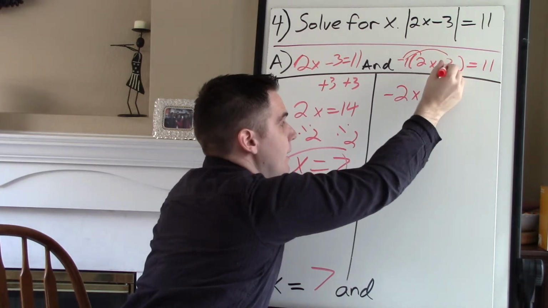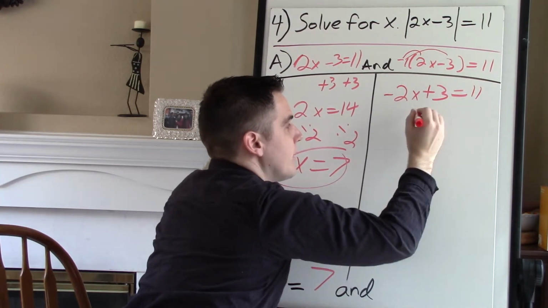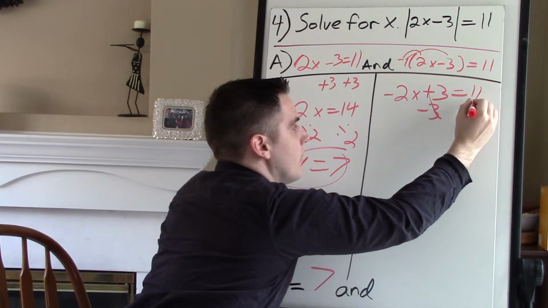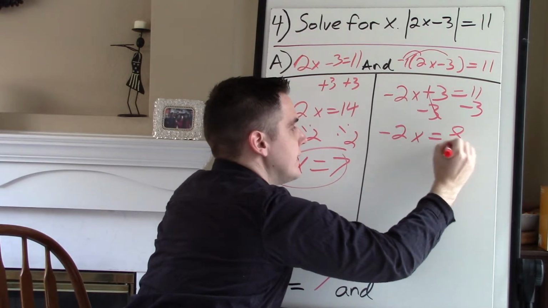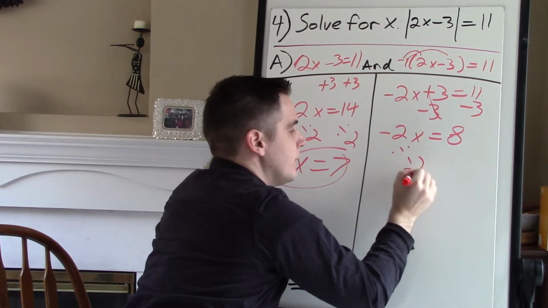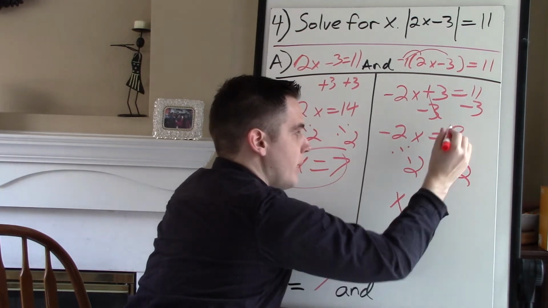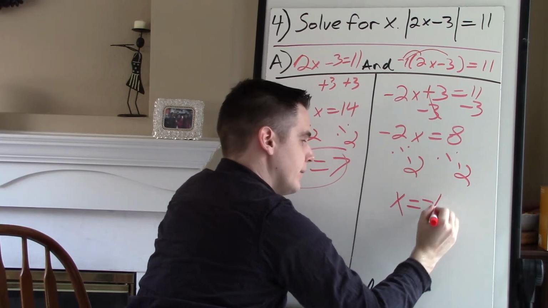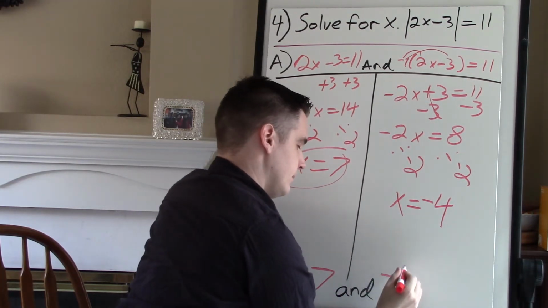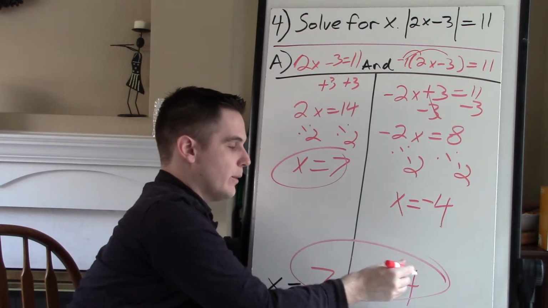Negative 1 times negative 3 is positive 3 equals 11. Solve as normal. Minus 3, negative 2x equals 8. Divide by negative 2, divide by negative 2. x equals positive 8 divided by negative 2 equals negative 4. So your x equals 7 and negative 4.